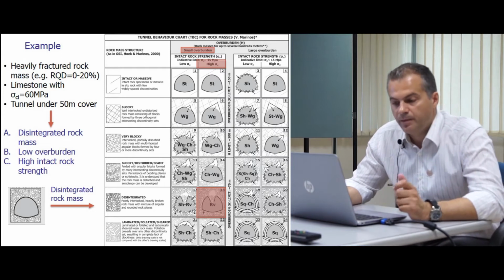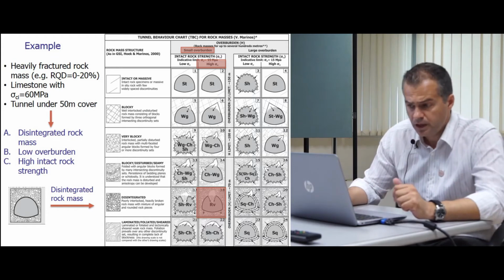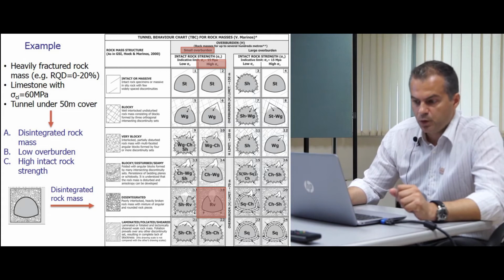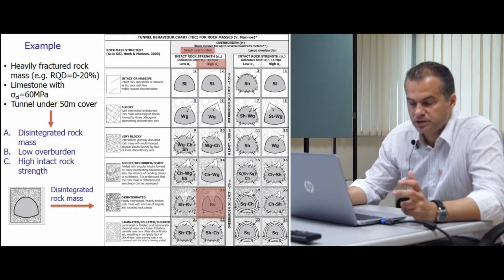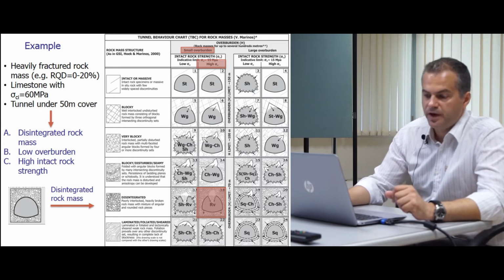So if we have an example of a heavily fractured rock mass, let's say an RQD of 0 to 20%, and a limestone with a sigma CI, a UCS, uniaxial compressive strength, of about 60 megapascals, and a tunnel under a 50-meter cover, then we will have a disintegrated rock mass.